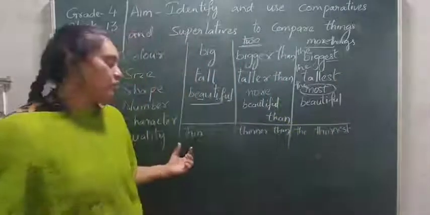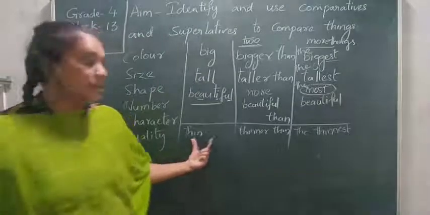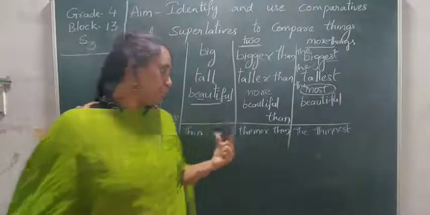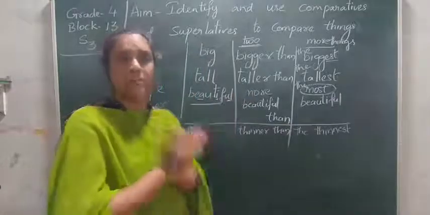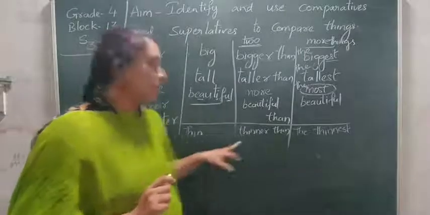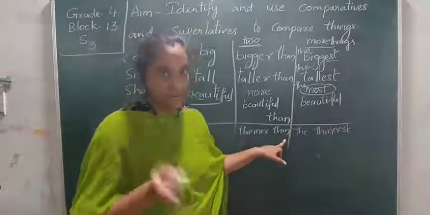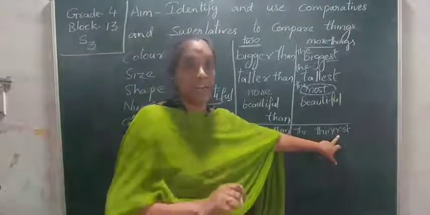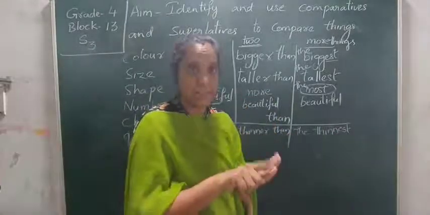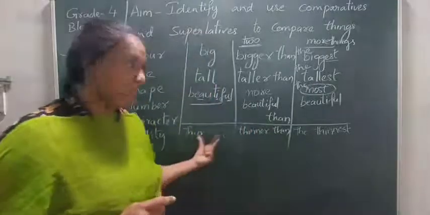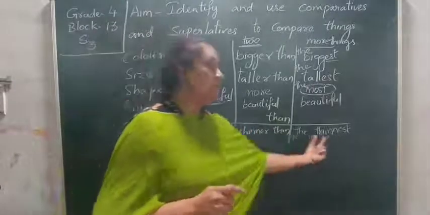So Ramu is thin. Ramu is thinner than Ravi. So I am comparing with two. Ramu is thin: normally I am talking about Ramu, I am not comparing with anyone. Ramu is thinner than Ravi. Ramu is the thinnest boy in the class, means among all the members in the class. I am comparing him with all the members in the class. Thin, thinner than, the thinnest.